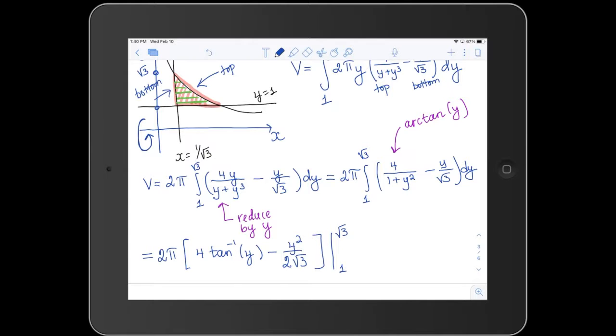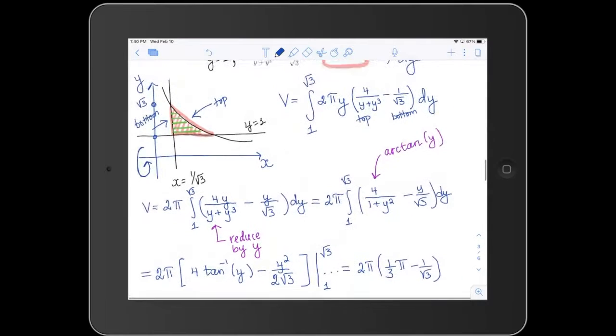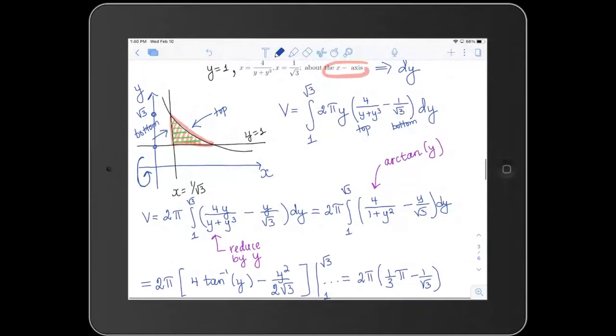I'm going to let you figure out the details. Now this is just a matter of evaluation. We don't necessarily always get nice numbers. That's okay. So the answer here will be 2 pi times 1/3 pi minus 1 over root 3. Fill in the details of this evaluation. That's the last problem for this particular section.